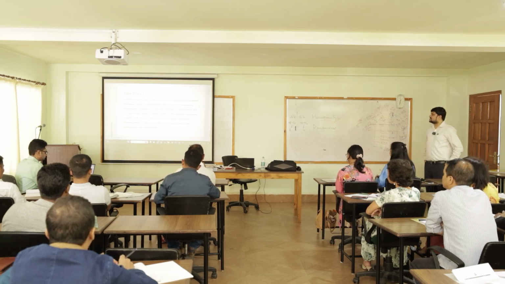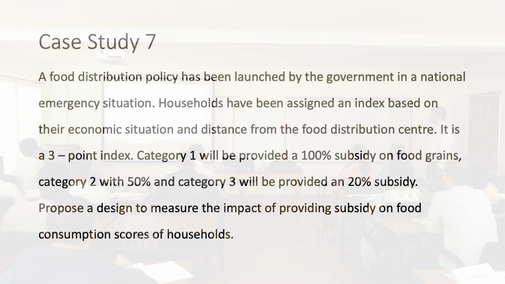A food distribution policy has been launched by the government in a national emergency situation. Households have been assigned an index based on their economic situation and distance from the food distribution center. It is a 3-point index. Category 1 will be provided 100% subsidy on food grains. Category 2 will be provided 50% and Category 3 will be provided 20% subsidy. Propose a design to measure the impact of providing subsidy on food consumption scores of households.